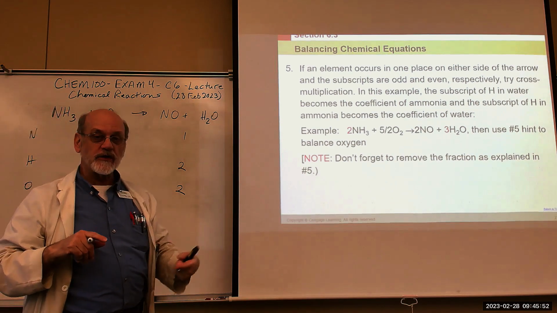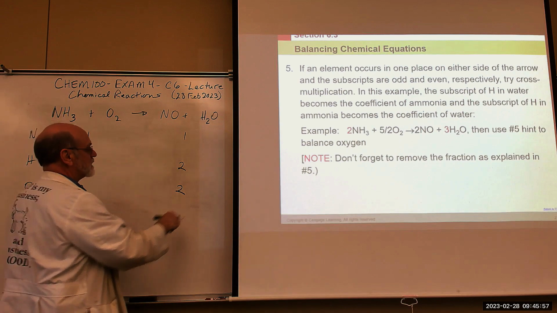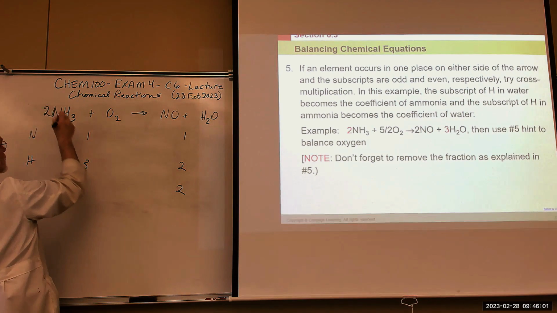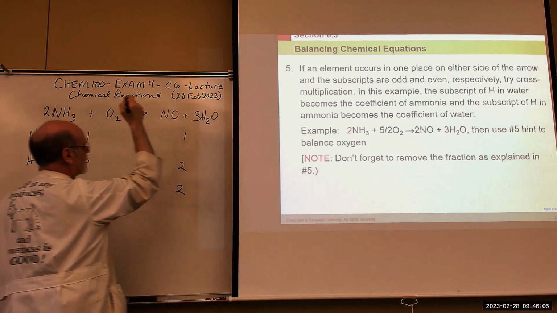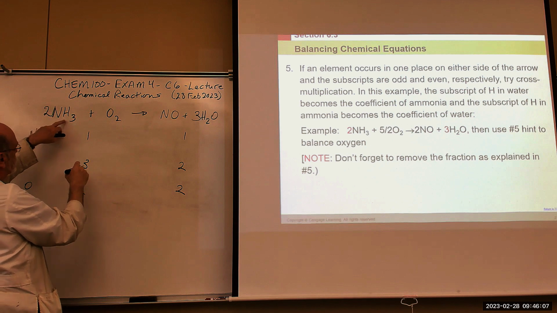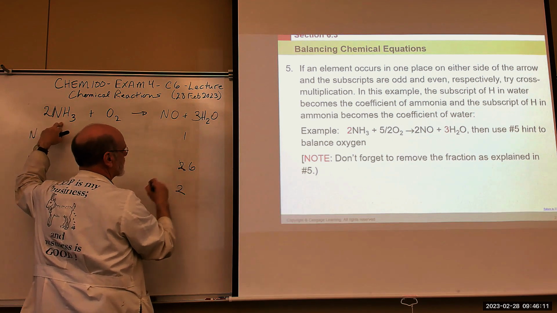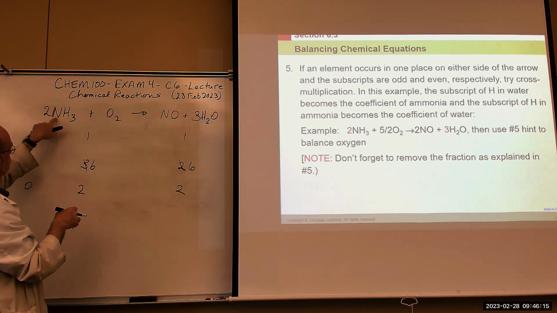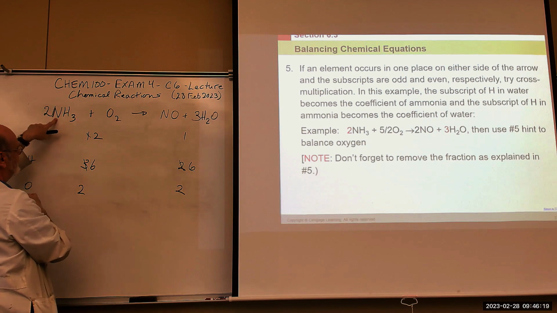I would try cross multiplication. Right? It's a mathematical trick. Take this 2 and make it the coefficient here. And take that 3 and make it the coefficient here. So that gives you 6 hydrogens here, 6 hydrogens there, and then we'll deal with the others, right? 2 times 1 is 2, okay?